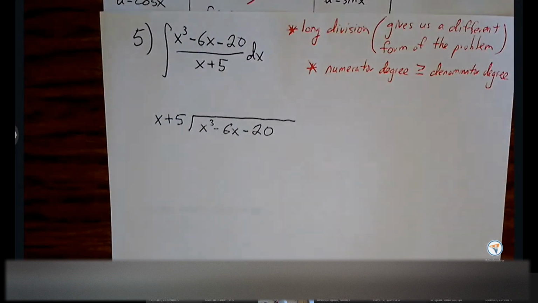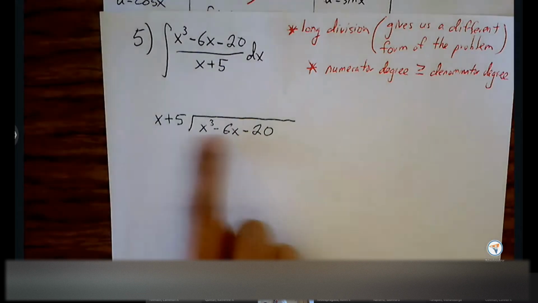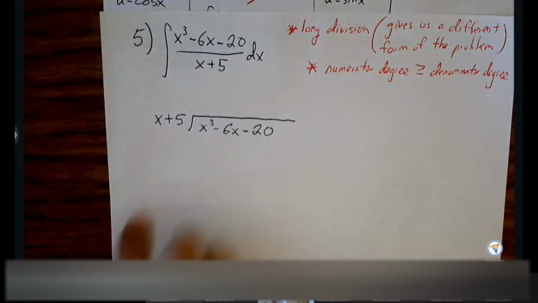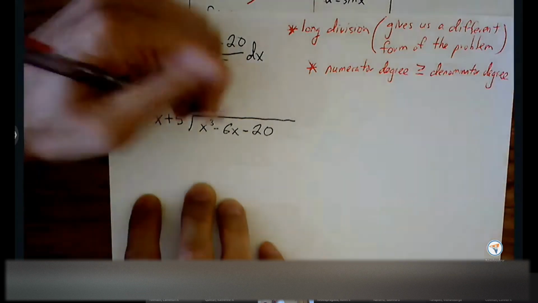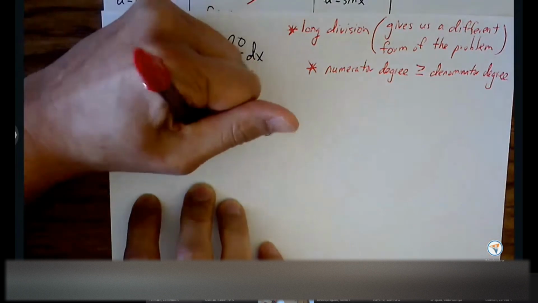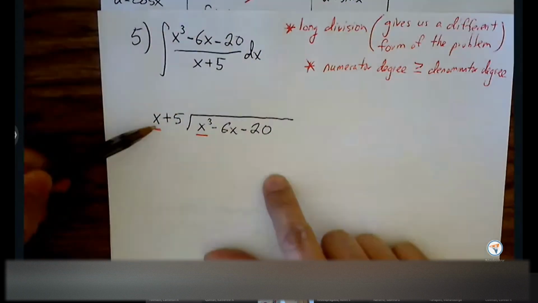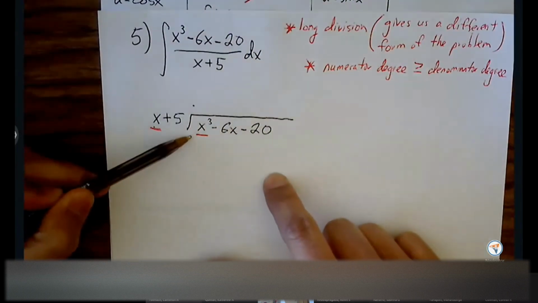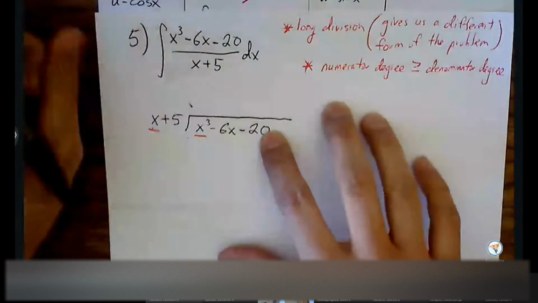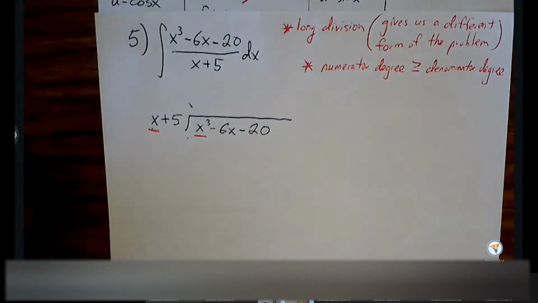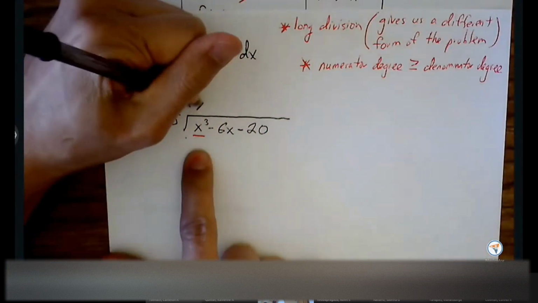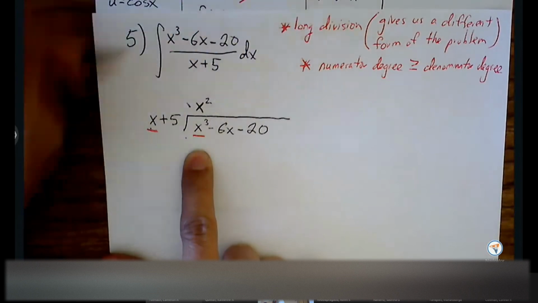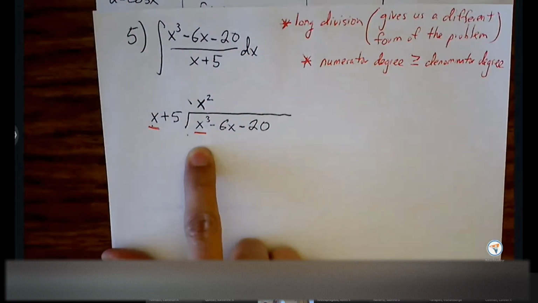Now, the first thing we do is we look at the first terms within each of these sections. And we're going to ask ourselves, x times what gives us x cubed? x squared. And whatever the answer to that question is, you're going to put that above the line.